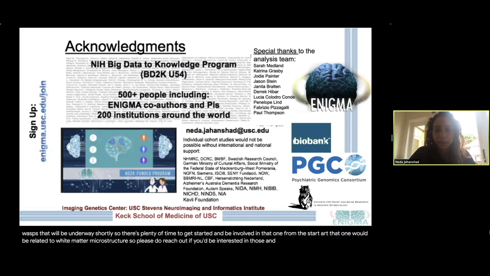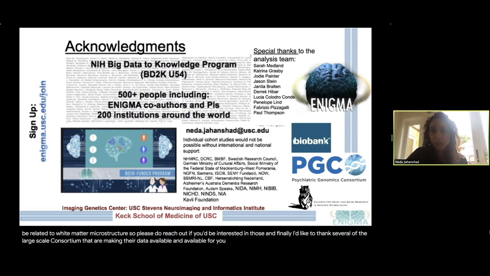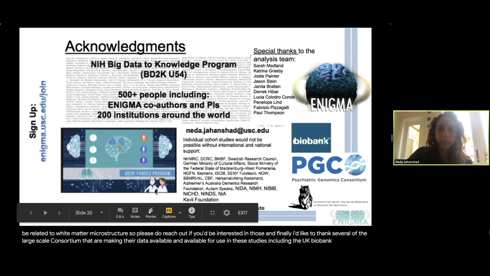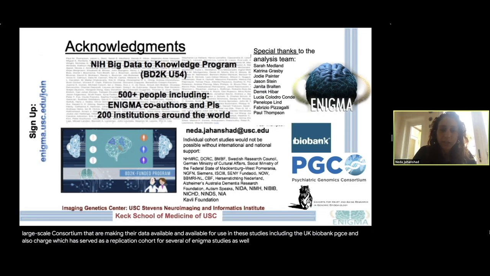And finally, I'd like to thank several of the large-scale consortia that are making their data available for use in these studies, including the UK Biobank, PGC, and also CHARGE, which has served as a replication cohort for several Enigma studies as well.